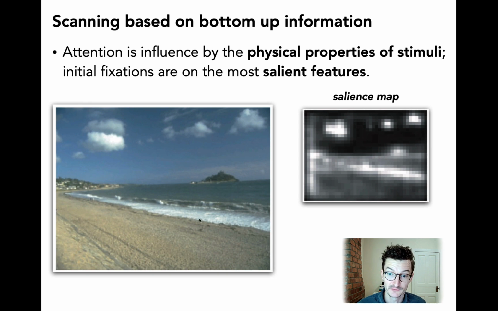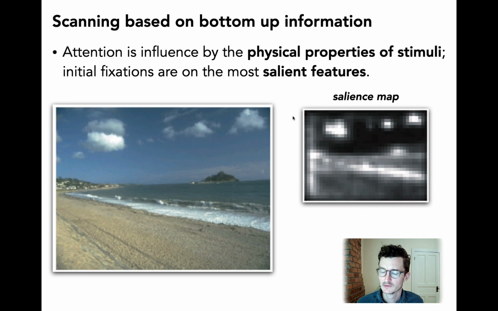When individuals first look at this scene, their eyes tend to shift towards features like this. We can test this by creating what's called a salience map, which basically shows changes in contrast from light to dark areas in a scene. So here's a salience map for the image on the left.